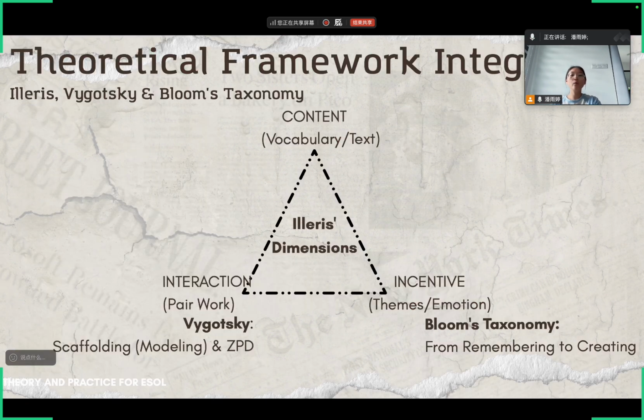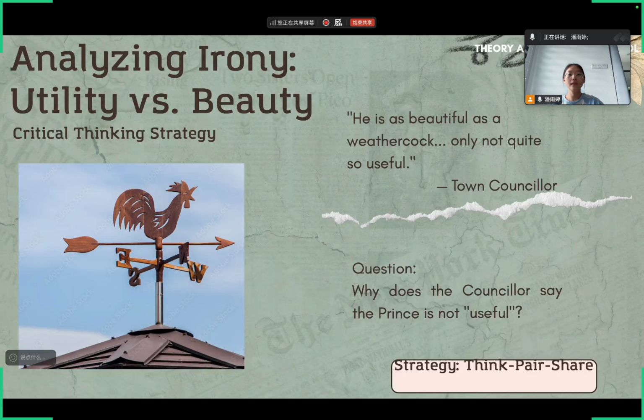Instead, I will use a snowball strategy. Pairs join another pair to form a group of four and share ideas first. Only after this small group sharing would I ask for class feedback.